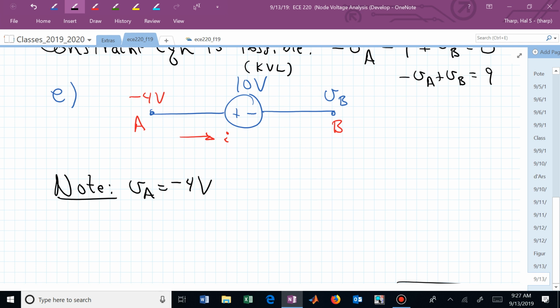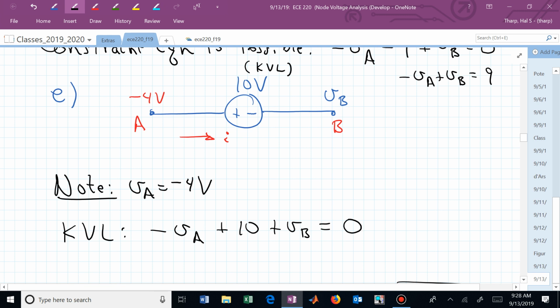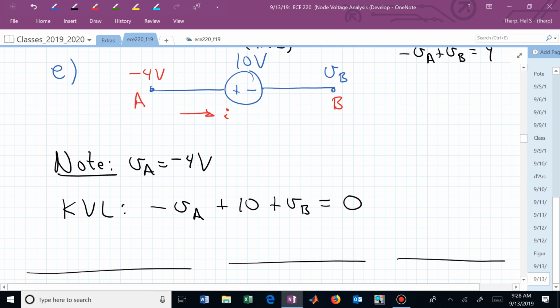So our constraint equation is from KVL. And now we know that we have minus V sub A plus 10 plus V sub B is equal to 0. Or V sub B is now V sub A minus 10.